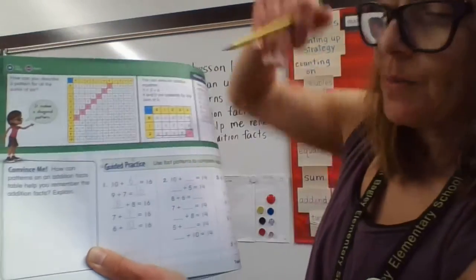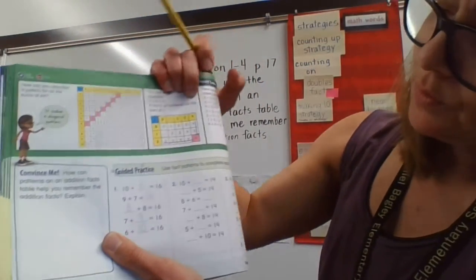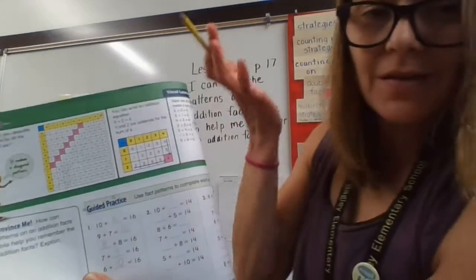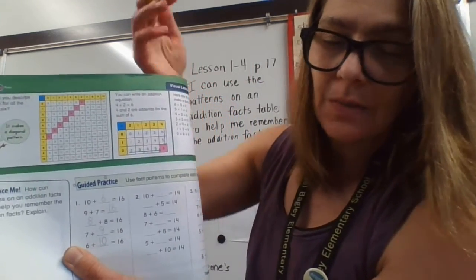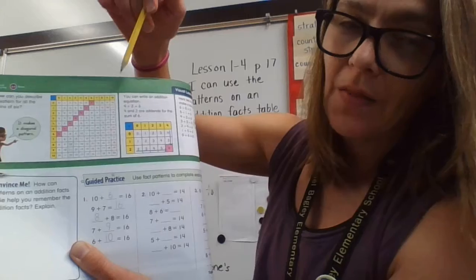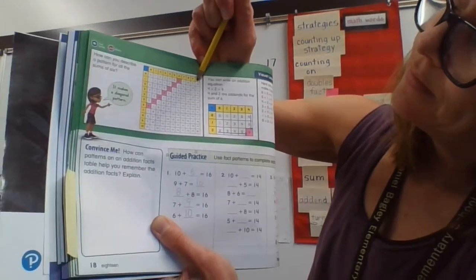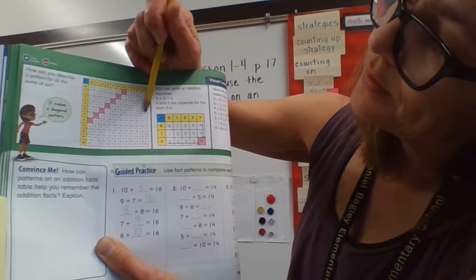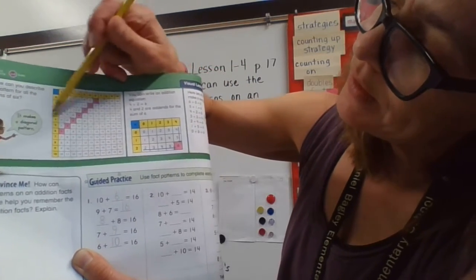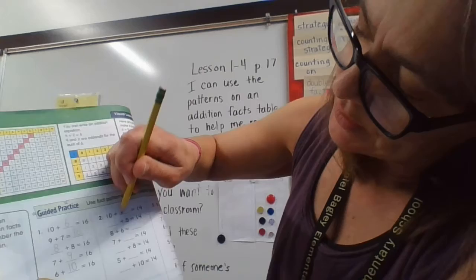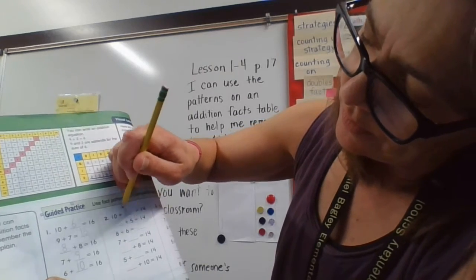So now try that same pattern. 10 plus what equals 14? We can check it on the addition facts table. We can find 10, and we can go to 4 and get 14. And so 14 is going to be our answer.